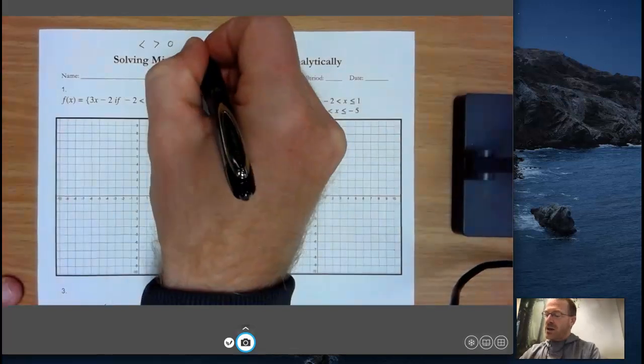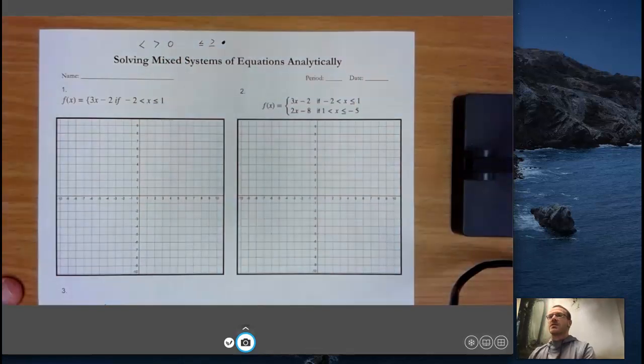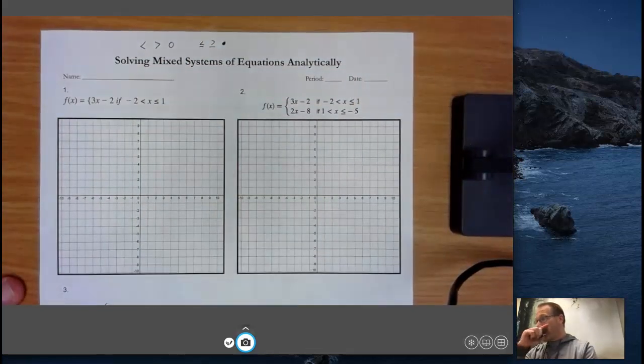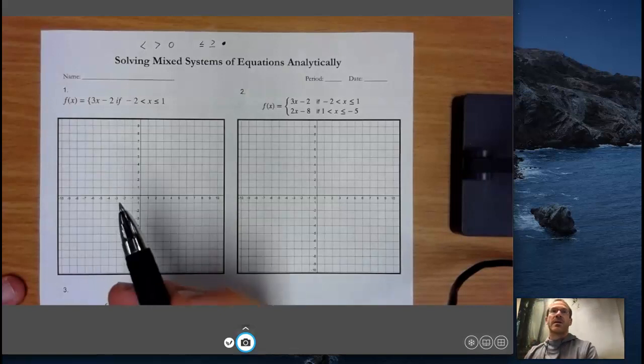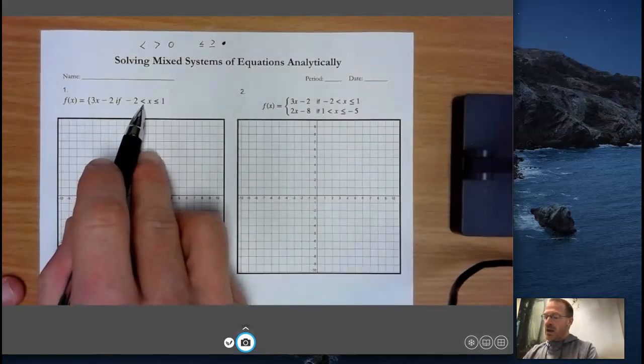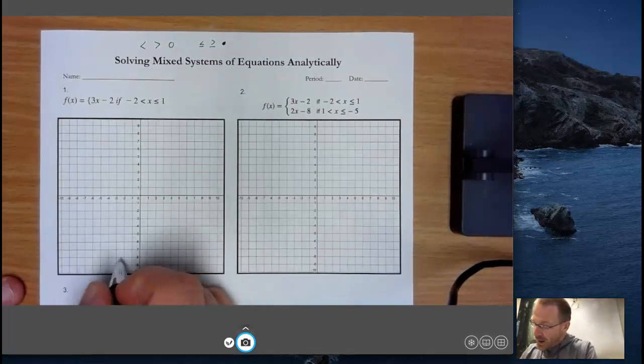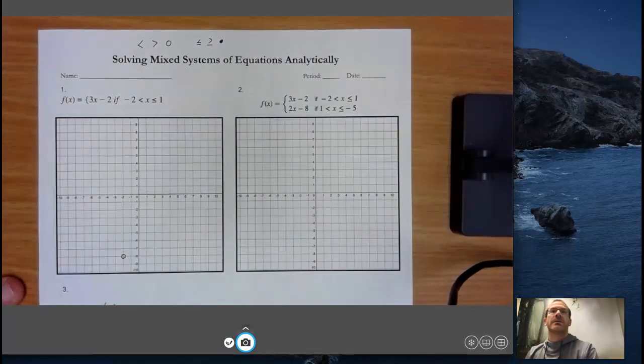When we have less than or equal to or greater than or equal to, we have a solid circle. That still applies when we're graphing a piecewise function in the coordinate grid. So notice, since this is a less than, I'm going to graph (-2, -8), but I'm going to put an open circle on it, just like that.